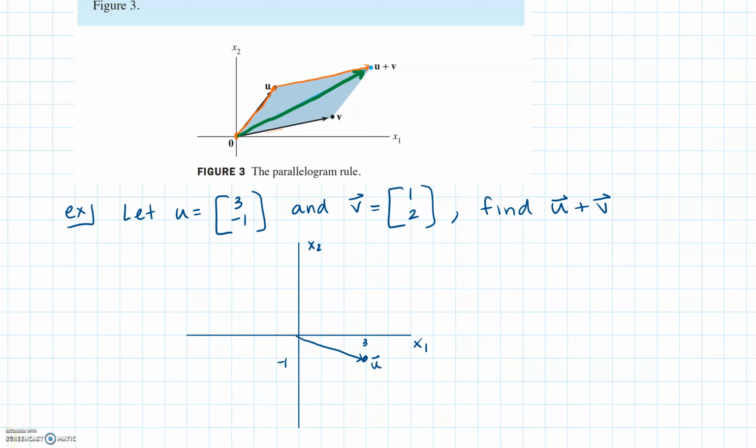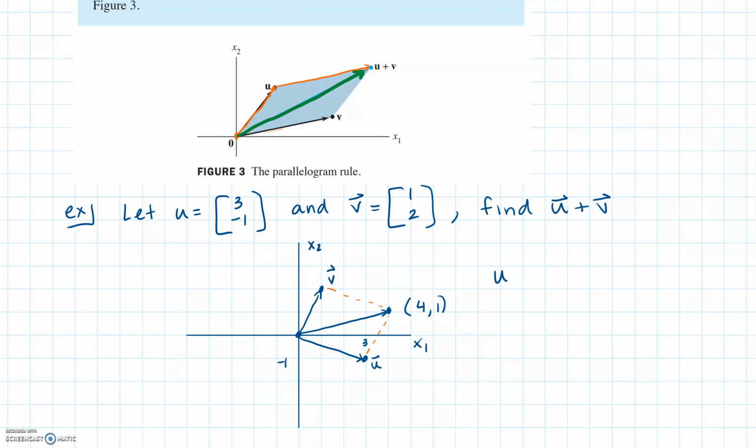So that is U. And V is (1, 2), in the first quadrant here, represented by that point. So the addition would be the vector from the origin out to the diagonal of that parallelogram. It looks like that point is (4, 1). So that would be the addition of U plus V.